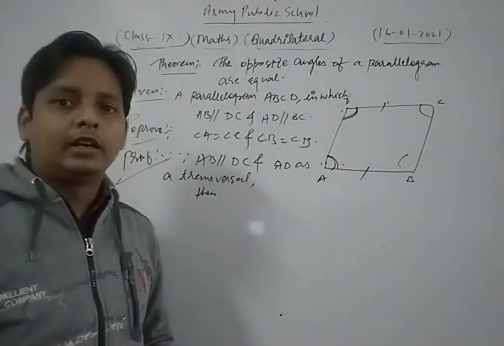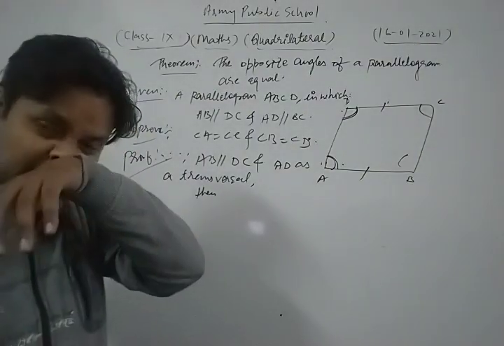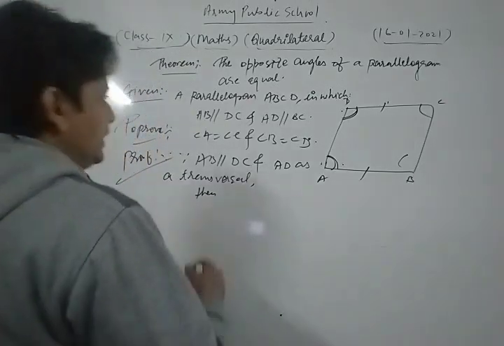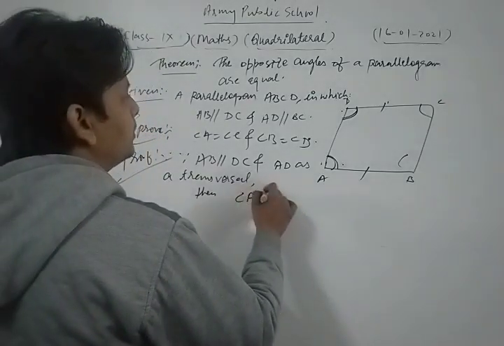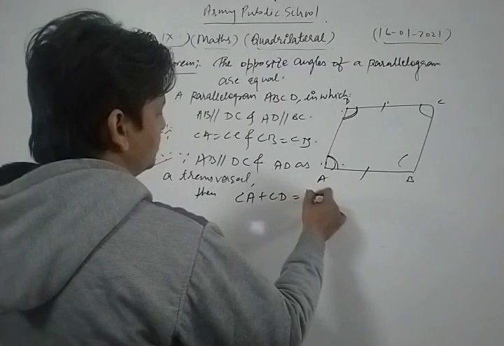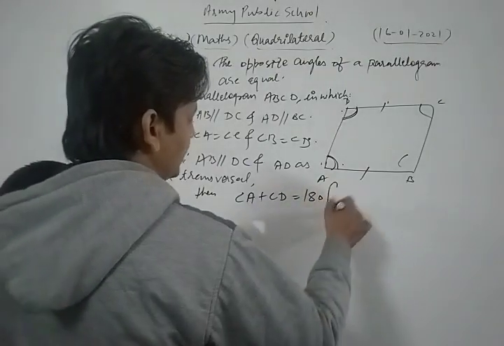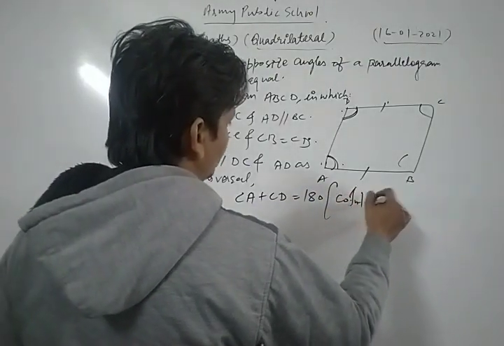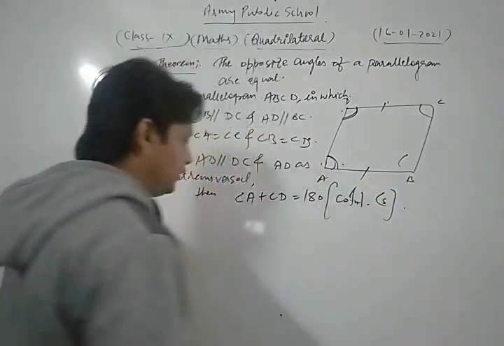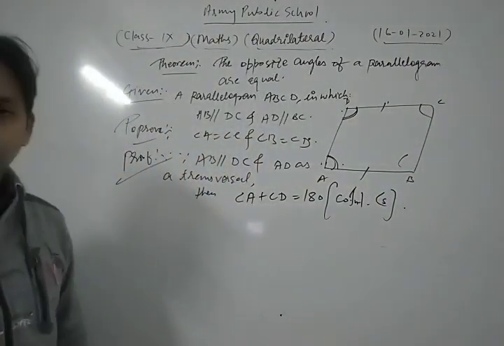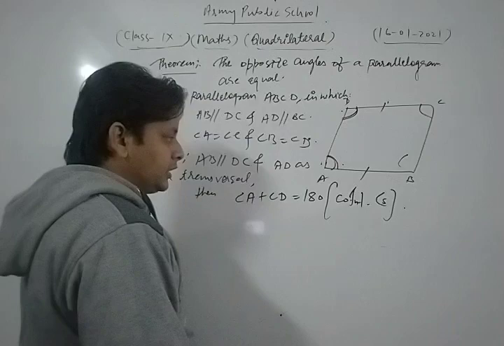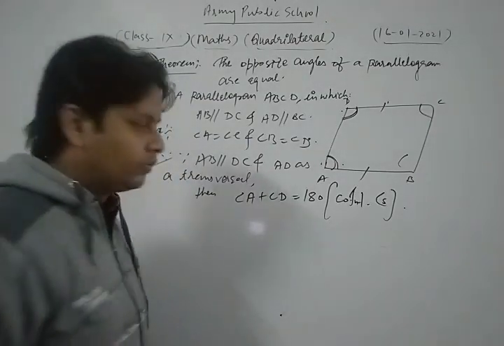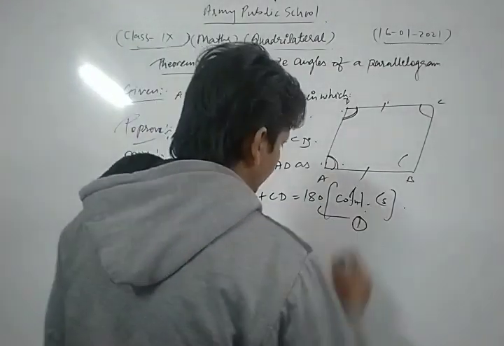Co-interior angles, and we know that co-interior angles are supplementary to each other. Then angle A plus angle D must be equal to 180 because they are co-interior angles, meaning their sum of measures is 180. So we take this as equation number 1.